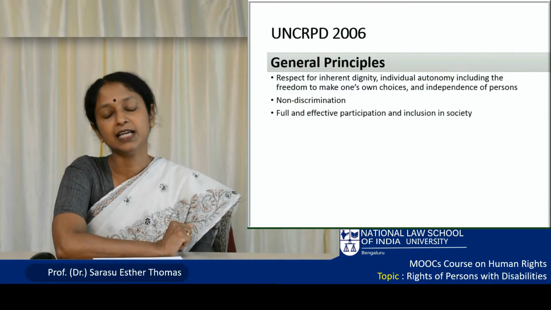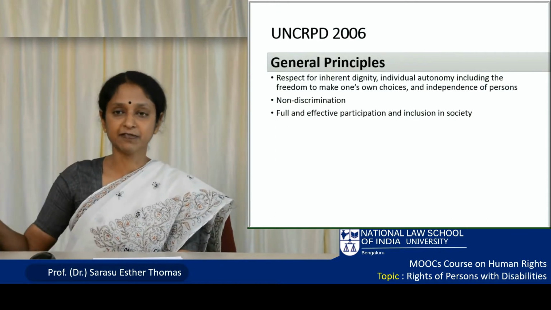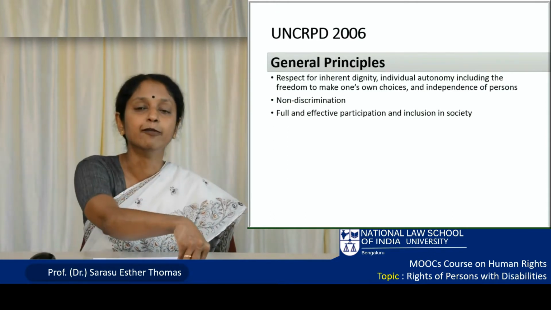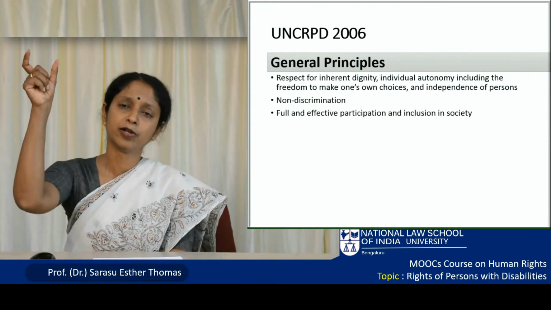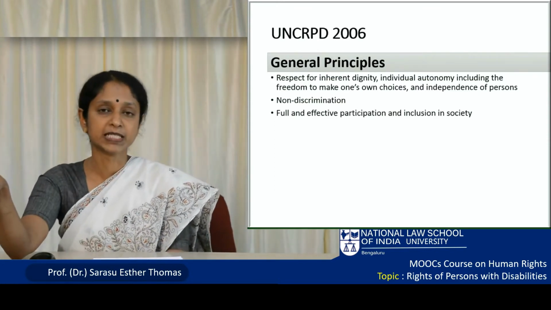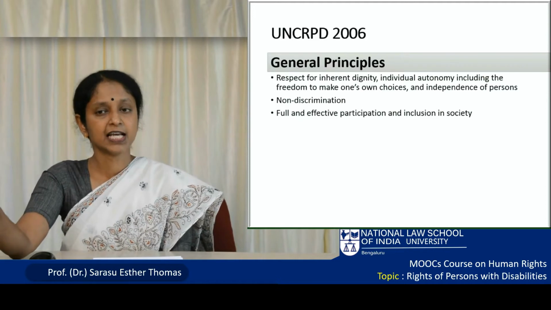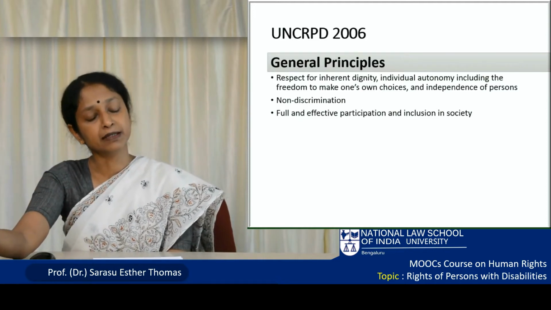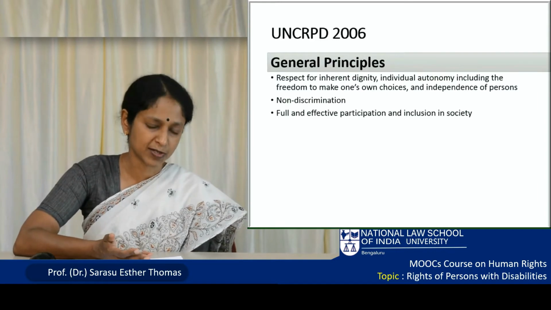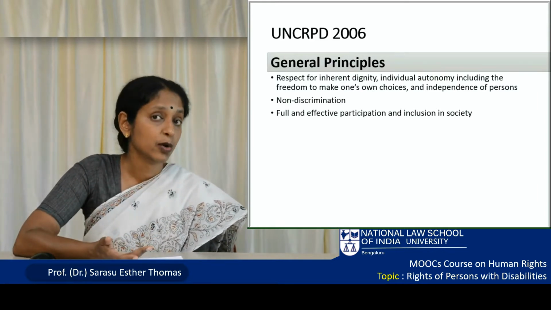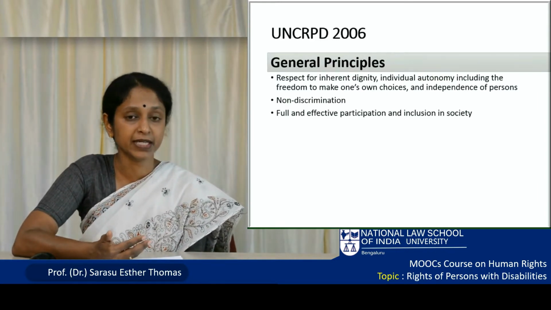For instance, making it possible for a person with disability to go to a voting booth, to be able to see the choices, or to be able to identify the choices if a person does not have sight, and to cast a vote accordingly, and also to be included in society, to be represented when decisions concerning them are being taken.